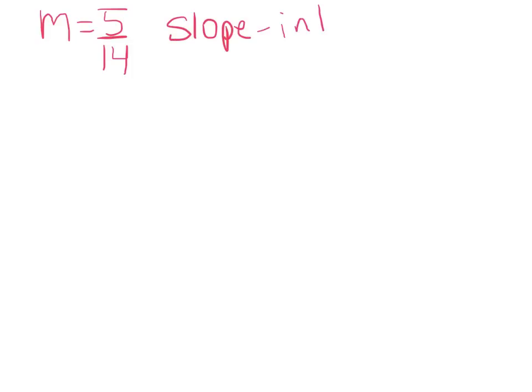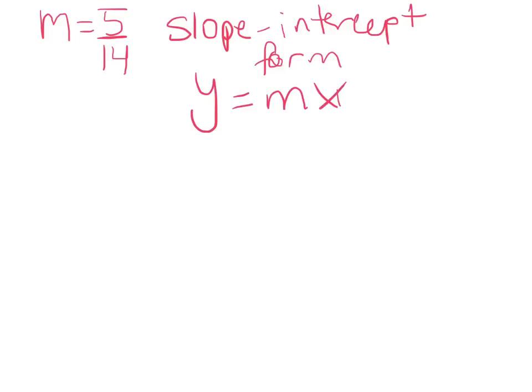Now in part E, we're going to use our slope and the slope-intercept form of the equation, which we all lovingly call y equals mx plus b. Now, in our work, we're going to use one of the coordinates.